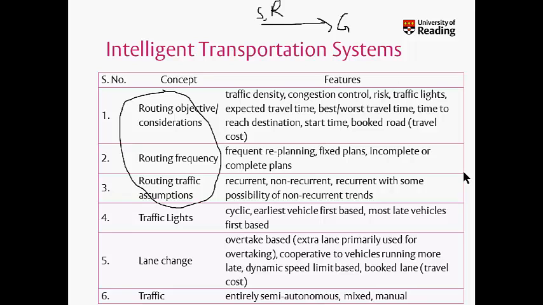But in general, the way you avoid congestion, or the way you route vehicles, or the way different entities behave, is entirely dependent on the type of traffic that you have. Sometimes the traffic may be only recurrent, sometimes it may have too much non-recurrent trends, sometimes there may be too many roads and too few vehicles, sometimes too few roads, no alternative routes, and too much traffic. Sometimes all the offices may be in one area and the homes in other areas, so traffic is highly directional.